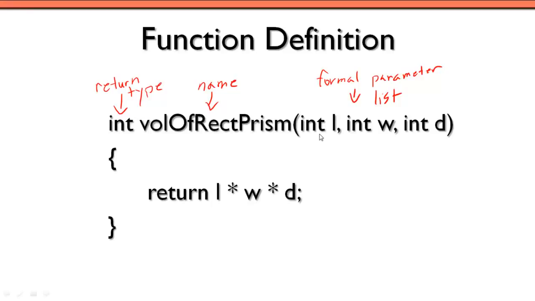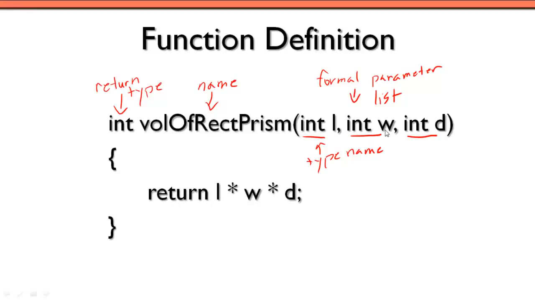And you'll notice that we actually have 3 formal parameters listed out, and they're separated by commas. Each one of them has a type and a name. So we're specifying a type and a name for each one of these formal parameters. It's not unlike what we do whenever we declare a variable. And what we're actually doing is declaring a variable here that can be used inside of this particular function. So you can make use of L, W, and D, as we'll see inside the function body.